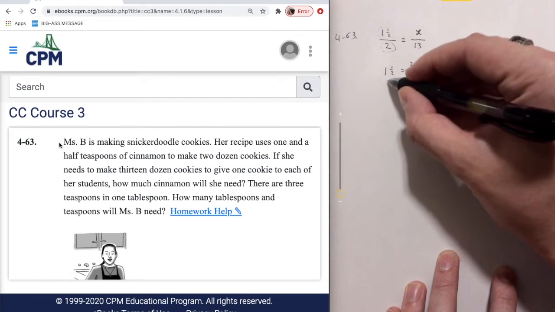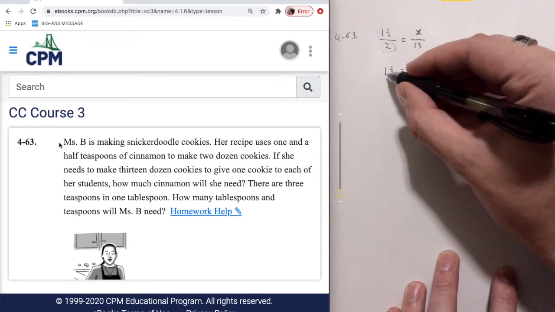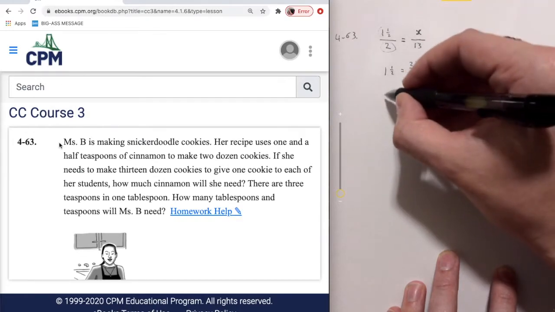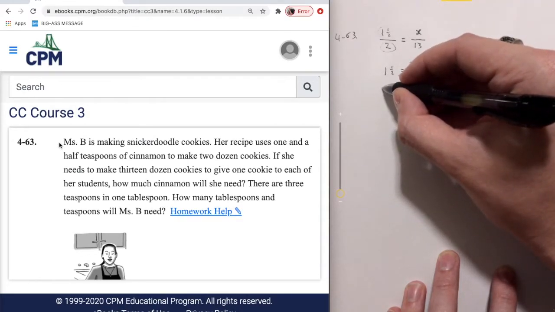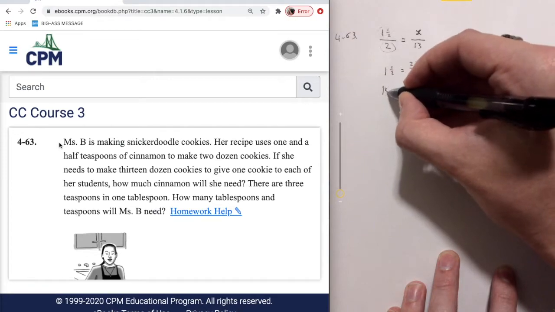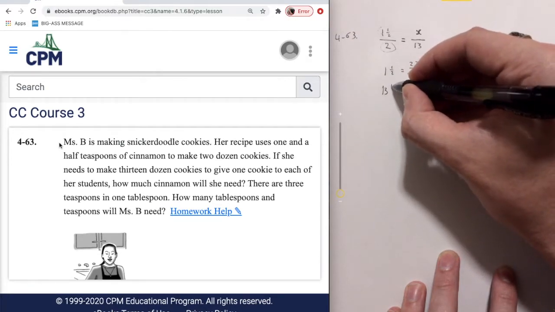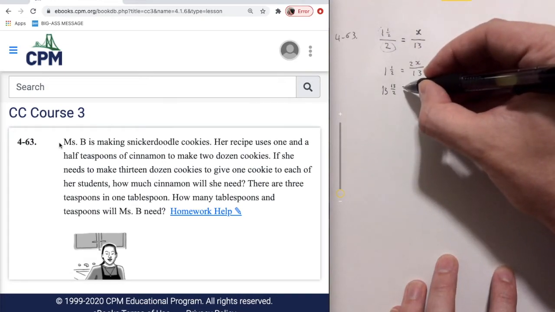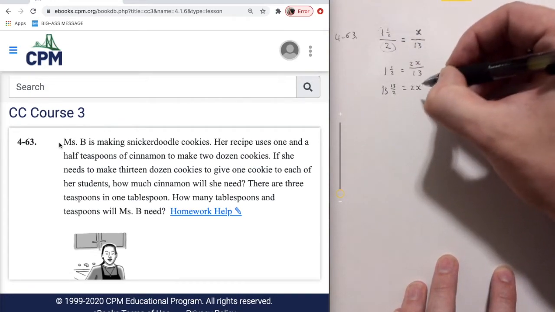And over here we'll have 13 times 1.5, which is going to be 13 and 13 halves, one way of writing it, and that's going to equal 2x.